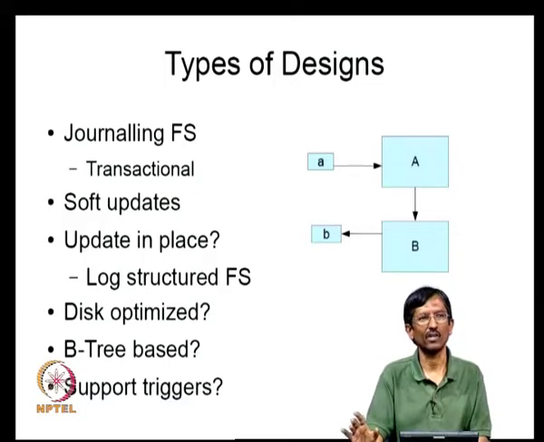For example, if you are writing a file A, the data of the write could be written to the log. It won't directly go to the file. Once the transaction is successfully completed, with no power failure or anything like that, you can then write that data from the log to the file.